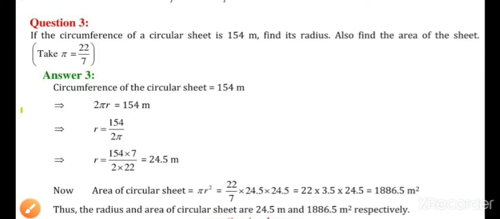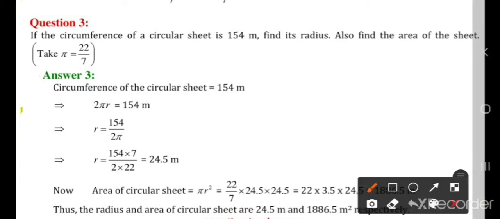Now, children, third question. If the circumference of a circular sheet is 154 meter. Children, the circumference of the circular sheet, that is the perimeter of the circle, is 154 meter.